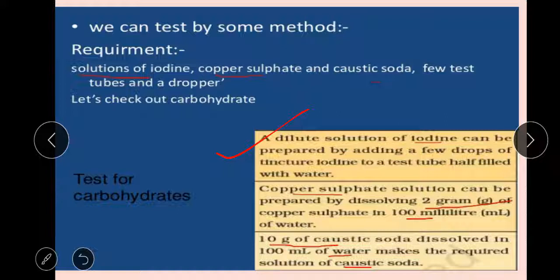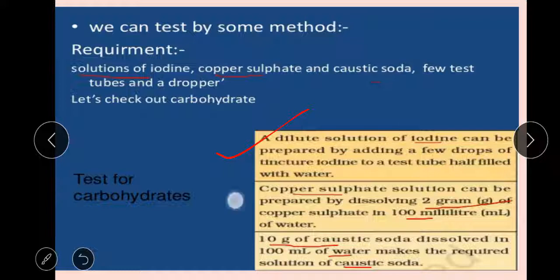Here it is written that a dilute solution of iodine can be prepared by adding a few drops of tincture iodine to a test tube half filled with water. In the next line, copper sulfate solution, which is a chemical, can be prepared by dissolving 2 gram of copper sulfate in 100 milliliter of water.